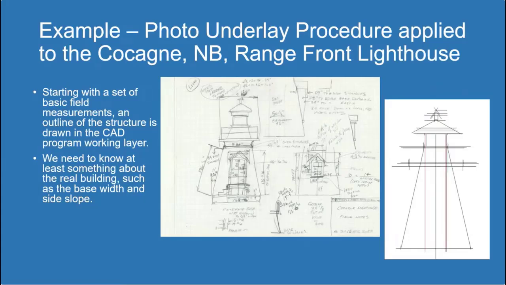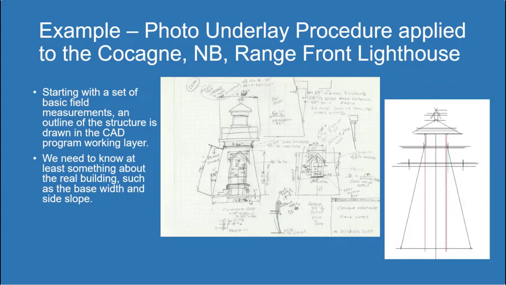So as an example, I'm going to use the photo underlay procedure applied to the Kokan, New Brunswick range front lighthouse, which I'm currently building a model of. Starting with a set of basic field measurements, as you see here, an outline of the structure is drawn in the CAD program working layer, as you see on the right.